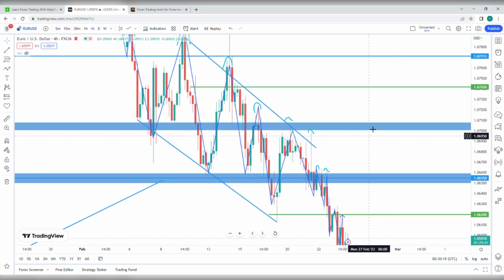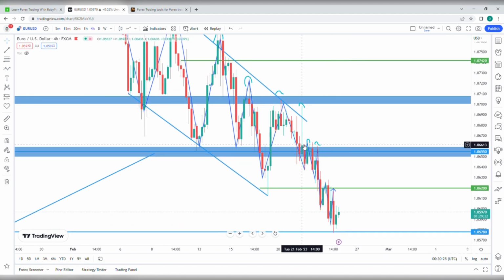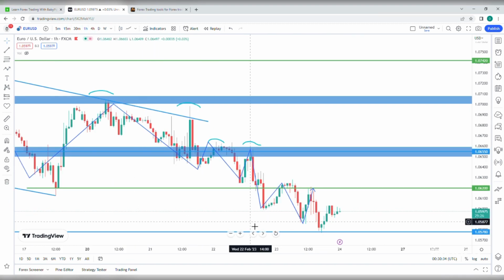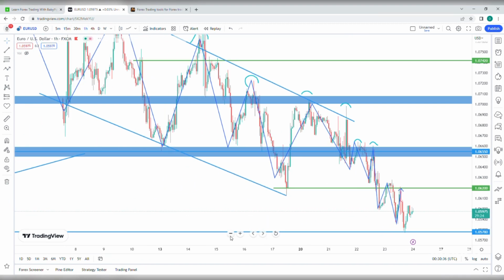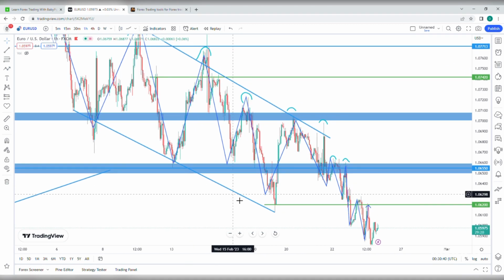So this EURUSD is making lower lows and lower highs, as you can see, with the structure being maintained. So it's a bearish market, so we'll only be looking for sell positions.